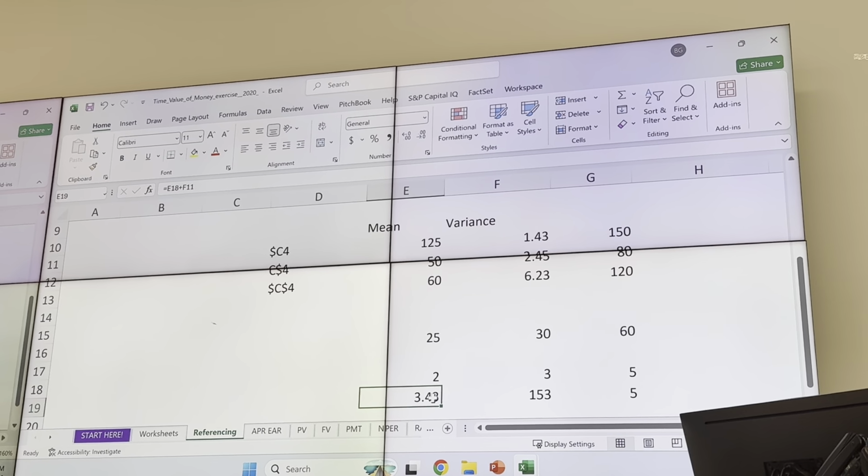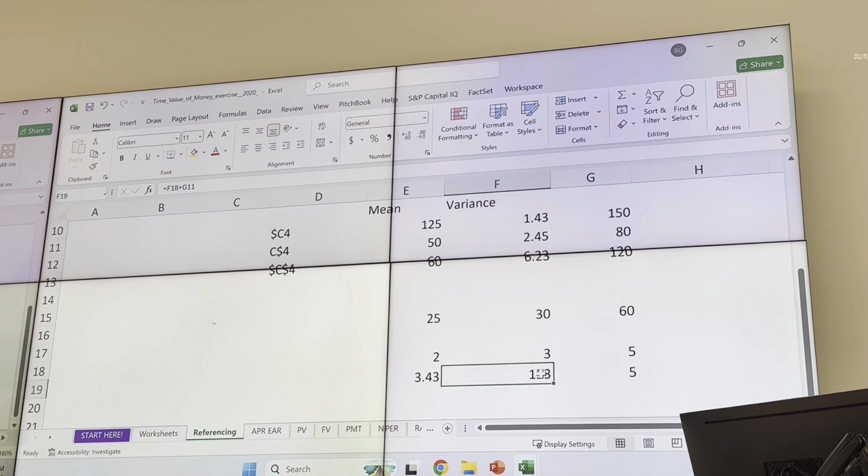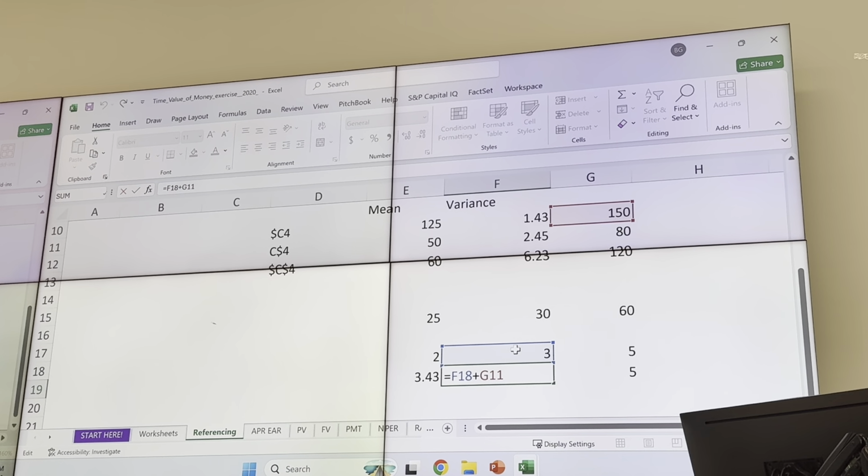This one, F2, it calculated with this one, 2 plus 1.43. This one should have been, F2 again, it copied this one, F18, but added G11. I don't want it to be G11. I want it to be F12. So this value will be added to F12 and this value should be added to F13.